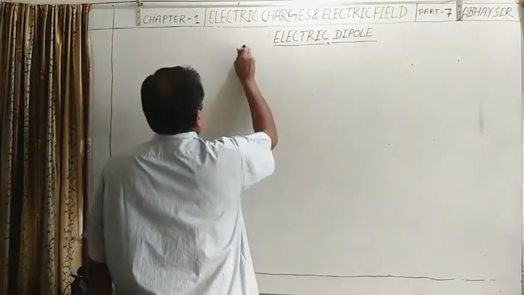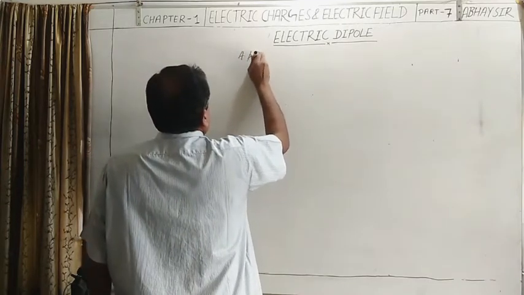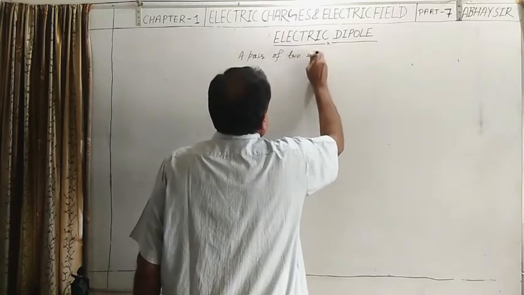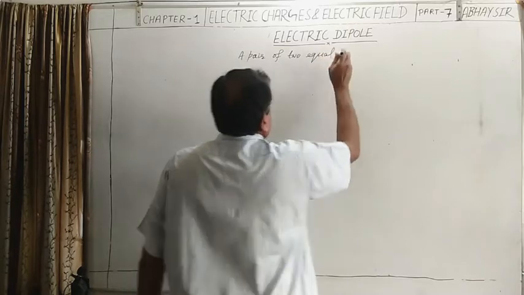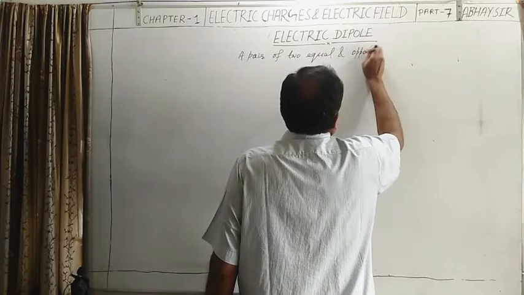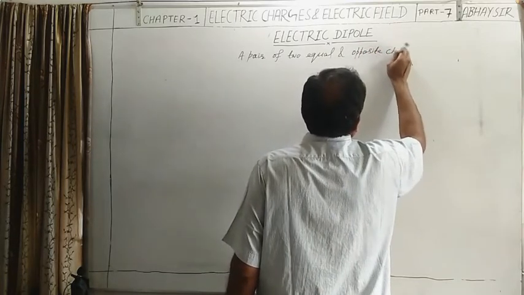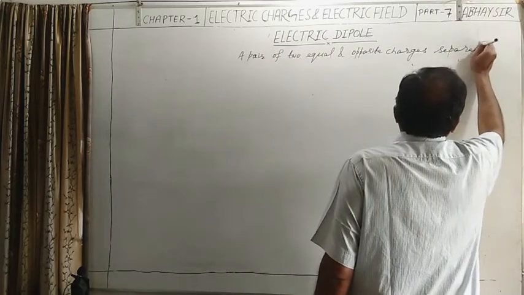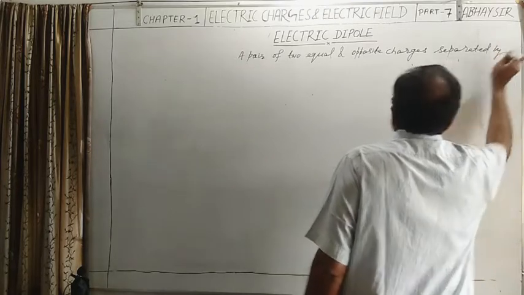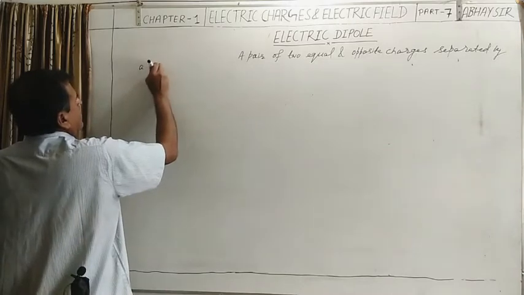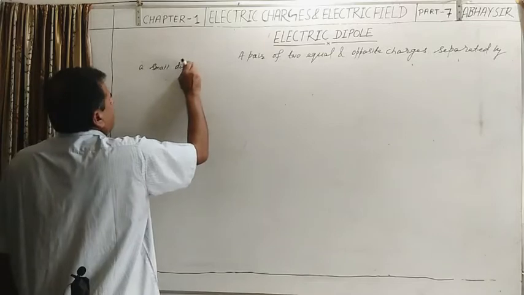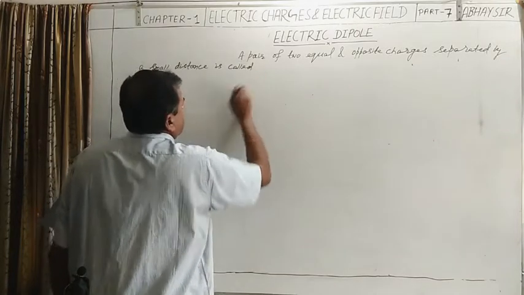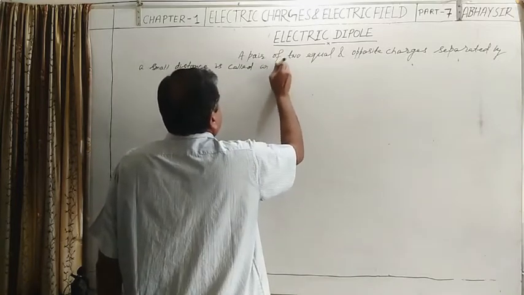You can write it: a pair of two equal and opposite charges separated by a small distance. It's called an electric dipole.